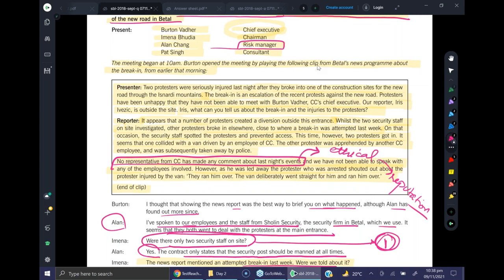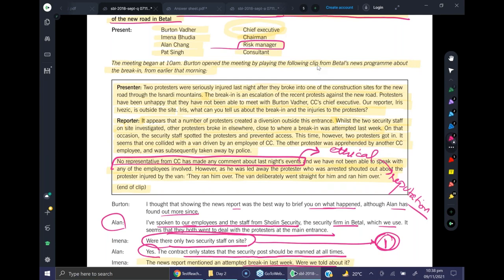We'll read that later, but so far I think not talking to anybody, not making any comment, is in itself unethical. Do you understand that's unethical? And does it also have reputational consequences, because the company will be perceived as a negligent company, right?